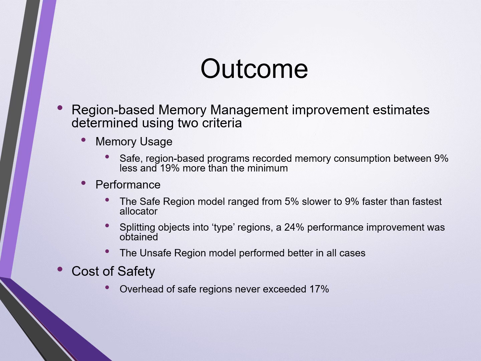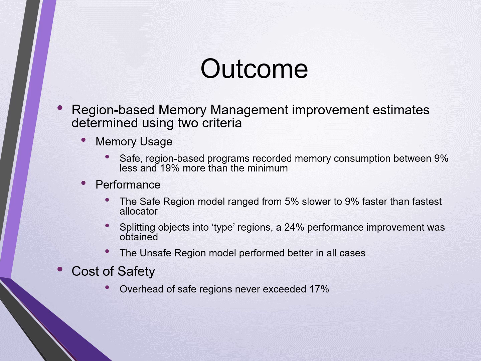So the region-based memory management improvement estimates were determined using 2 criteria, memory usage and performance. Gay and Aiken found that the safe region-based programs used anywhere from 9% less to 19% more memory than the allocator that used the least memory. Performance-wise, they saw speeds from 5% slower to 9% faster than the fastest allocators.